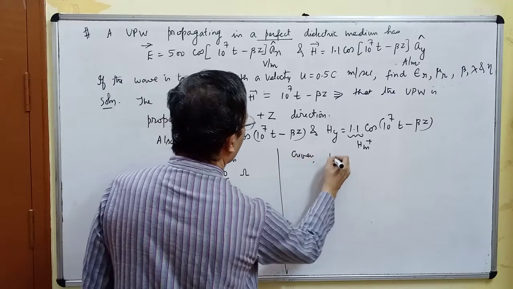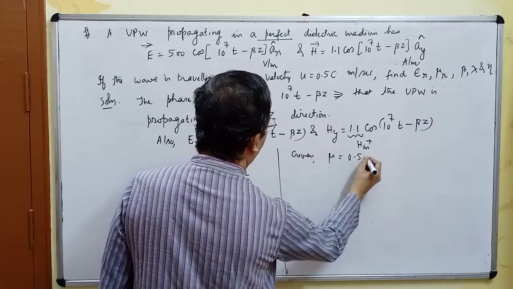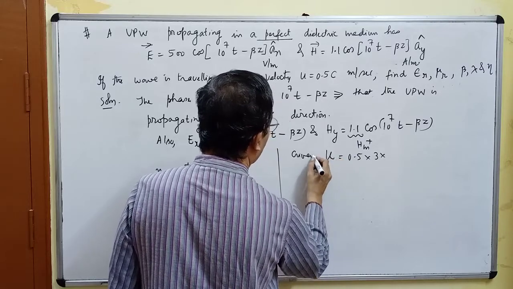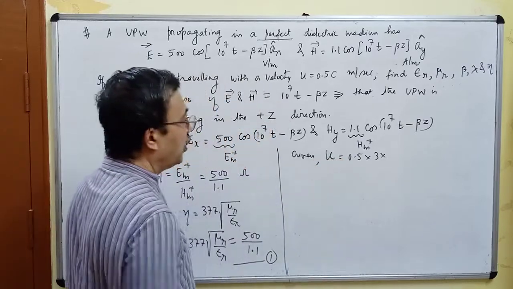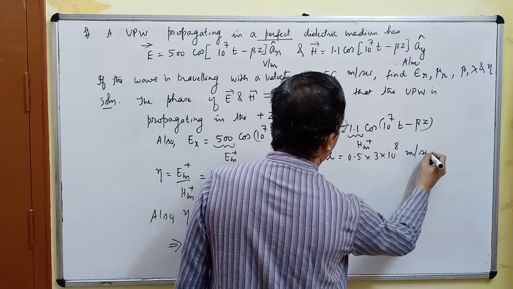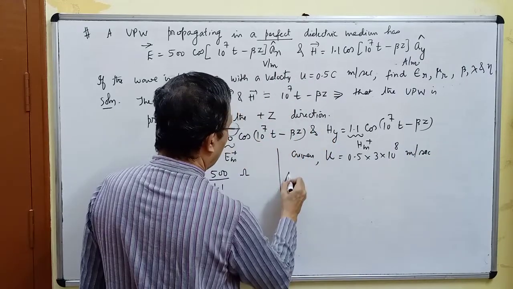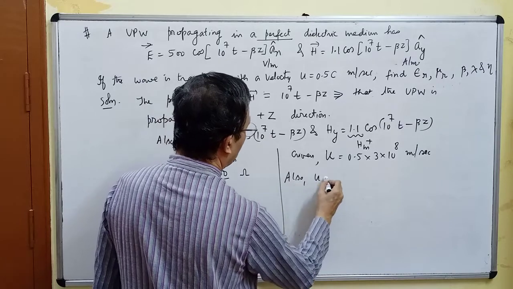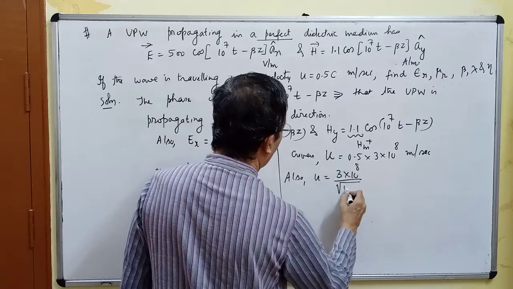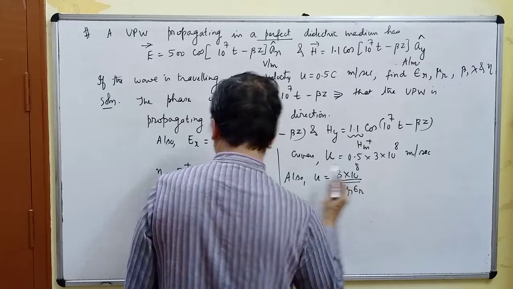Given u is equal to 0.5 times the velocity of propagation, u equals 0.5 into 3 into 10 to the power 8 meters per second. Also, u is equal to 3 into 10 to the power 8 by root of mu r into epsilon r.